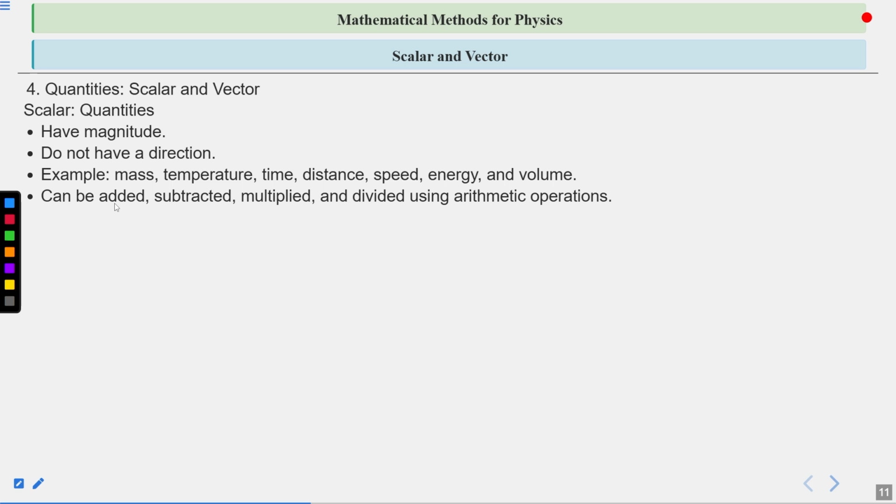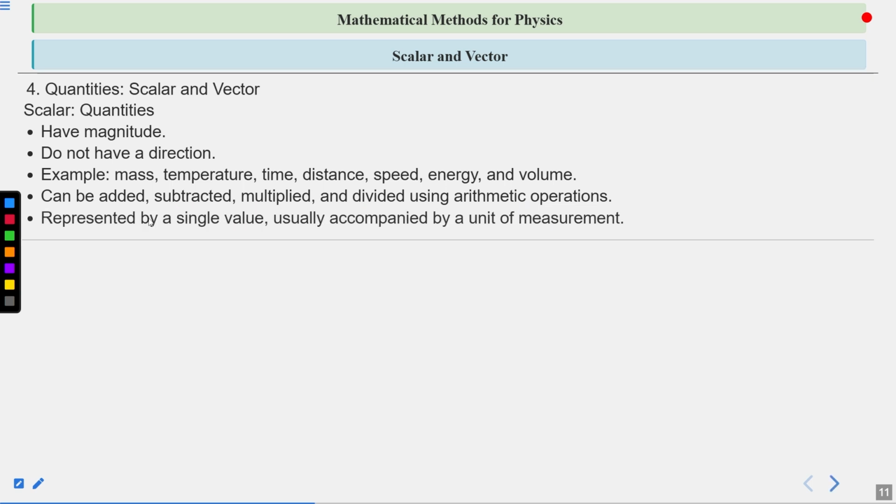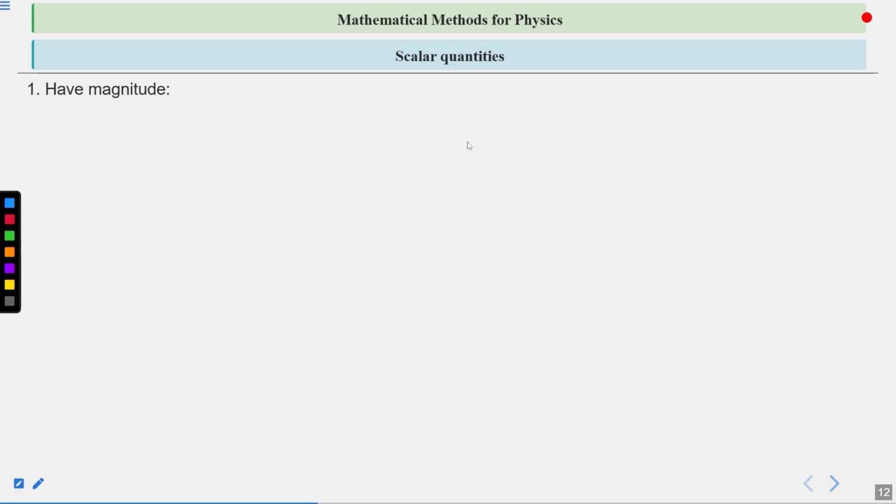Scalars can be added, subtracted, multiplied, and divided using arithmetic operations. Clear? So we can add, subtract, multiply, divide very simply. They are represented by a single value, usually accompanied by a unit of measurement. Clear?